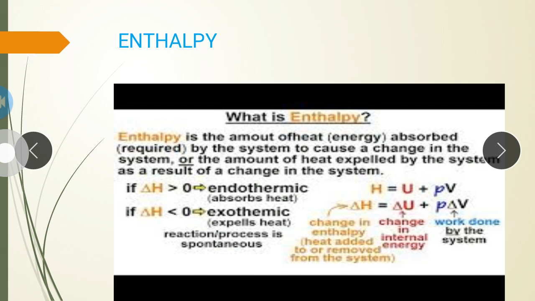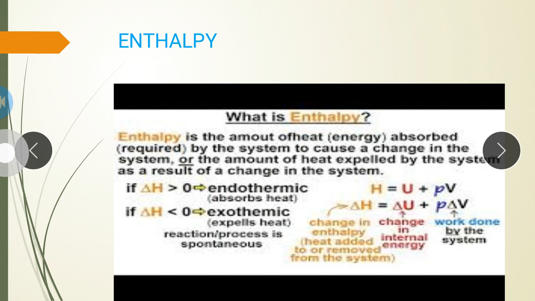So if delta H is greater than 0, what is delta H? Change in enthalpy. Change in enthalpy is greater than 0. So that means there is some change in enthalpy. Some change is happening. Then that particular system will be endothermic. That means it absorbs heat energy.